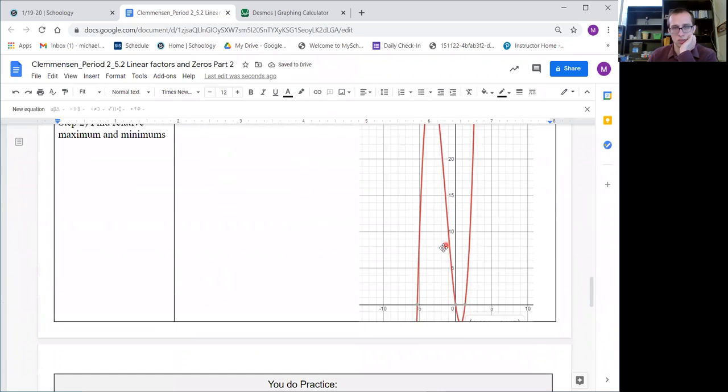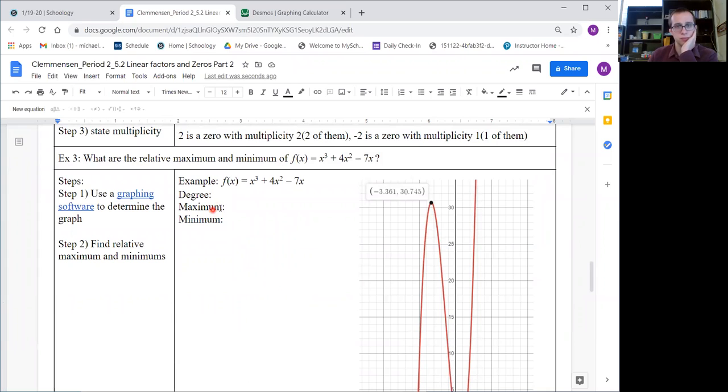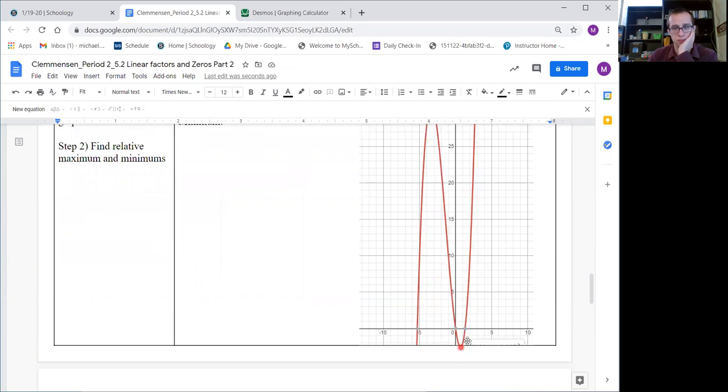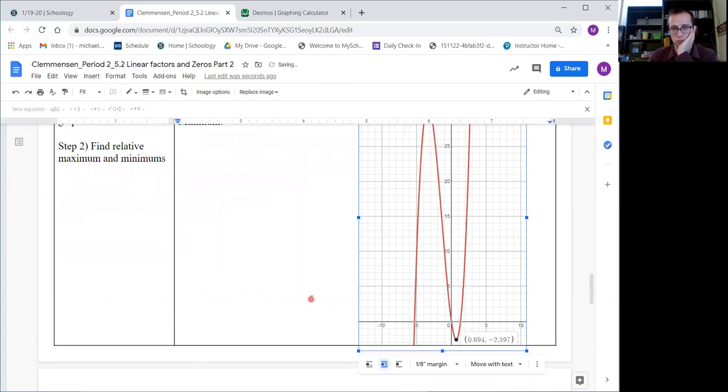That should allow me to actually see my graph. Perfect. So this graph right here only has 1 maximum. Right? And it only has 1 minimum down here. Shrink my graph a little bit so we can actually see it. There we go.